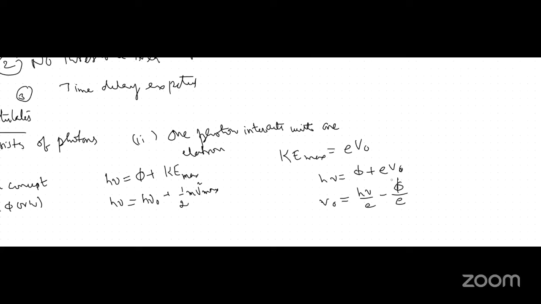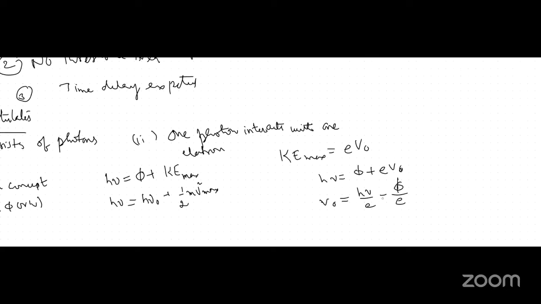This relationship predicts a linear relationship between the stopping potential V naught and the frequency nu.